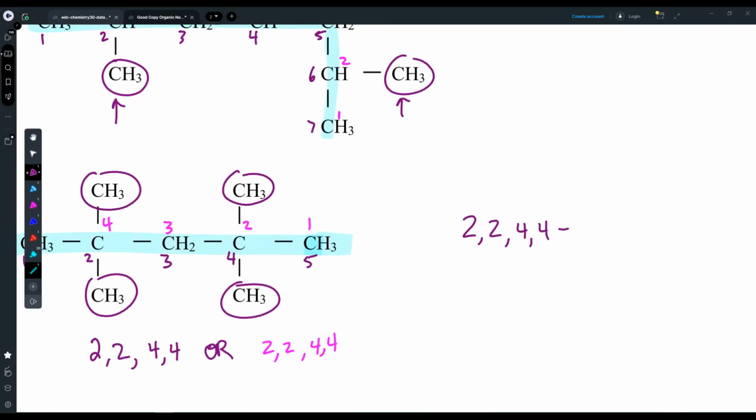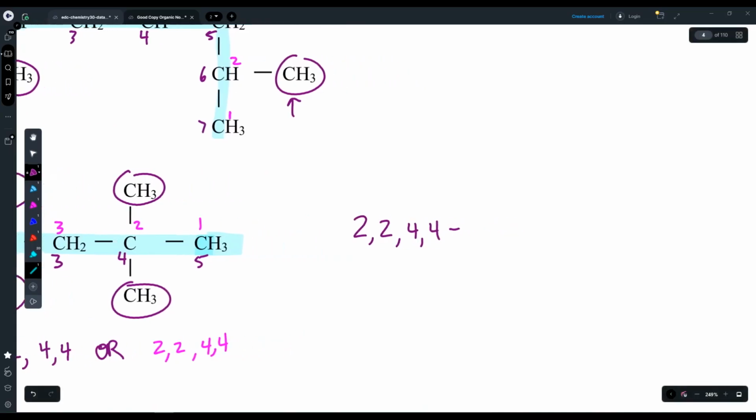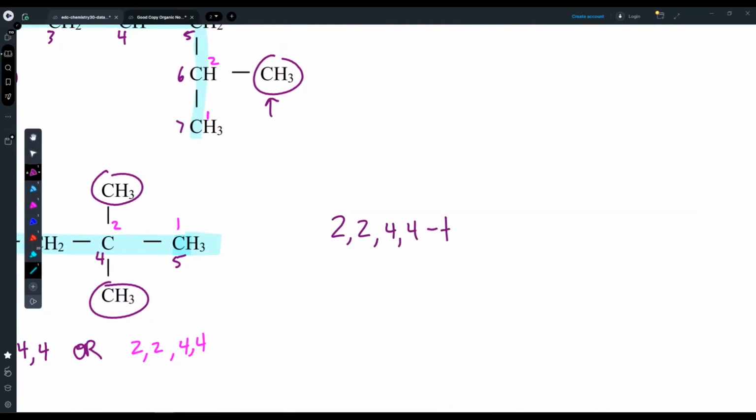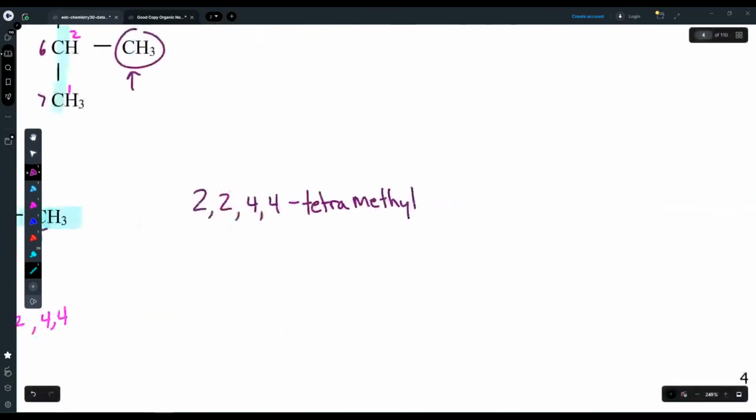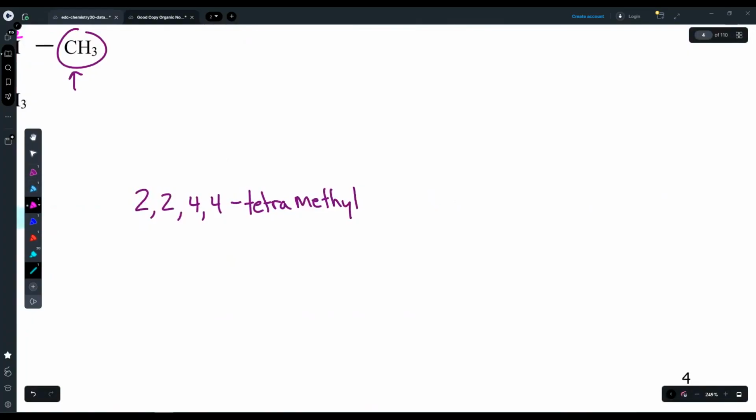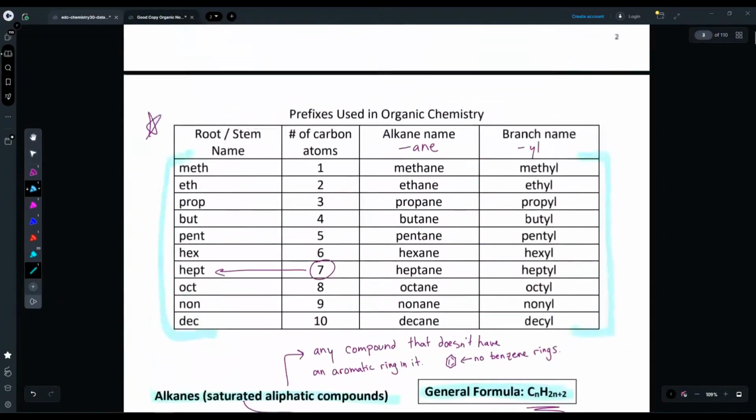And we have 4 methyl branches. So I'm going to go tetra, because that means 4, methyl. And now for our parent chain, there's 5 carbons in the parent chain. So for 5, that's going to be pent.